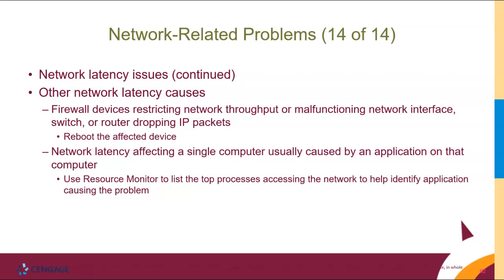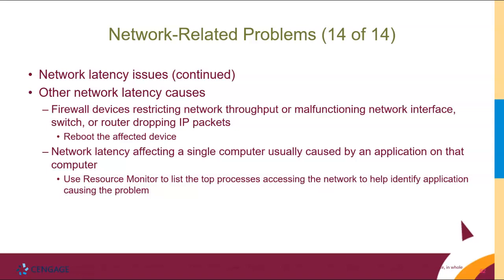Other network latency causes are firewall devices restricting network throughput or a malfunctioning network interface, switch or router dropping IP packets. So the first step is always to reboot the affected device, see if that fixes it. Then you move on to whether it's a patch that's needed in there, is it some kind of vulnerability or bug in the switch software, router software, could be anything like that.